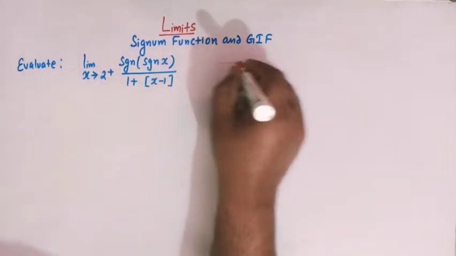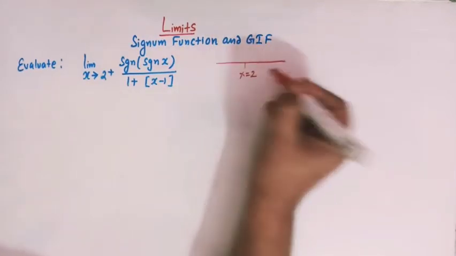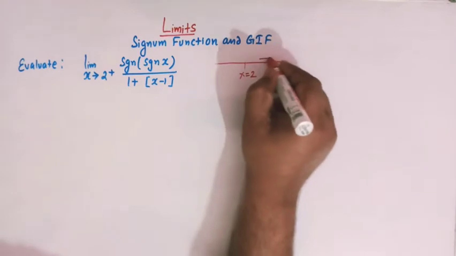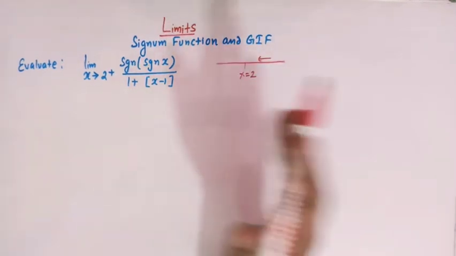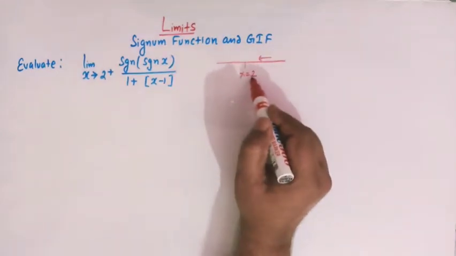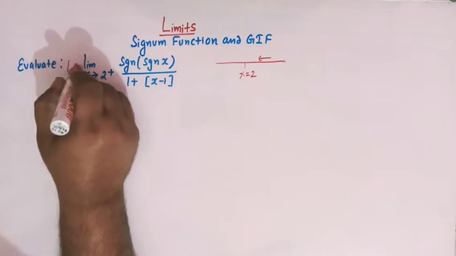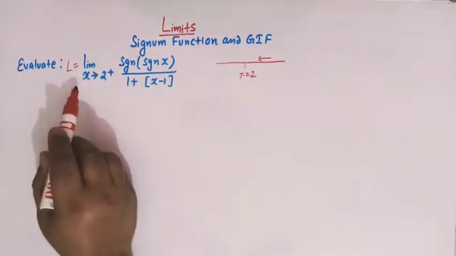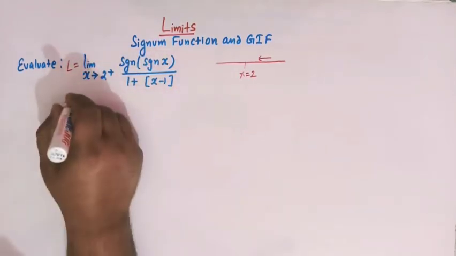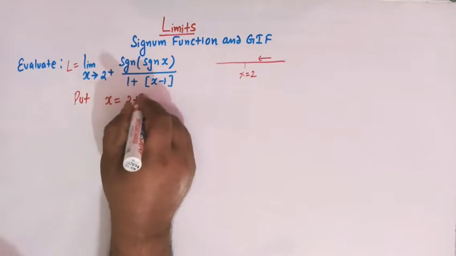So here we have x is equal to 2 and we have to approach towards 2 from the right of x is equal to 2. Let us first call this limit as L. Now in order to evaluate this limit, let us substitute x is equal to 2 plus h.